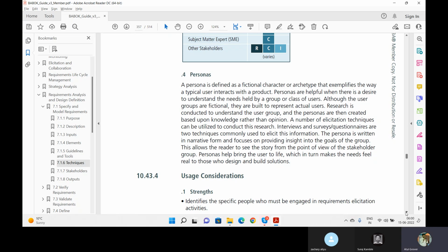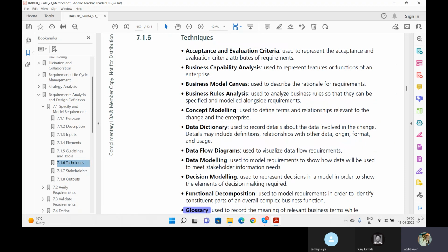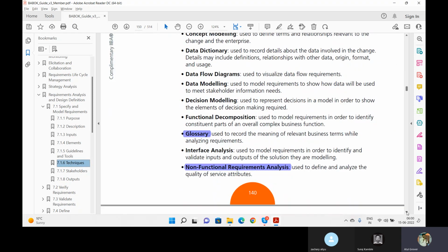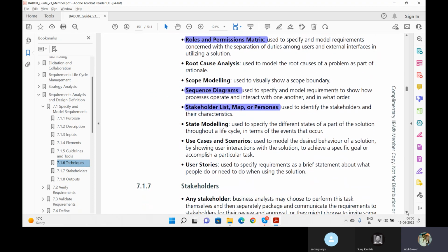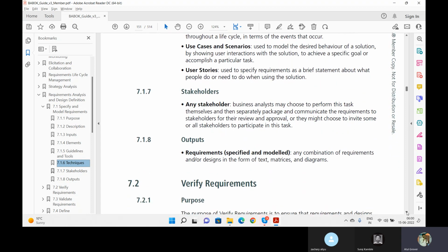Okay. So ultimately we know these things, that what techniques we have to follow for the stakeholder part. But little bit we have to know. Number one, you need to identify the stakeholder, and number two, if you are able to make that matrix, you will never fail in this area, because you know that to whom you have to reach out at what time. Okay, rest the state modeling, use case and scenarios, we already discussed that part.